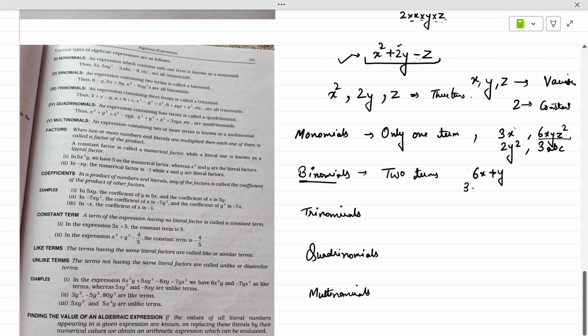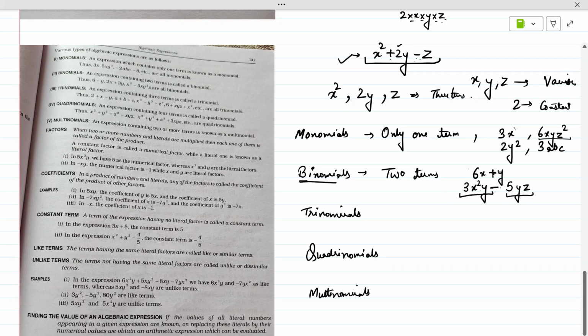Next one I have 3x square y minus, let's say, 5yz. In this one also, this is one complete term, this is another term, and both the terms are separated by a subtraction operator. So this is an example of a binomial where we have two terms.